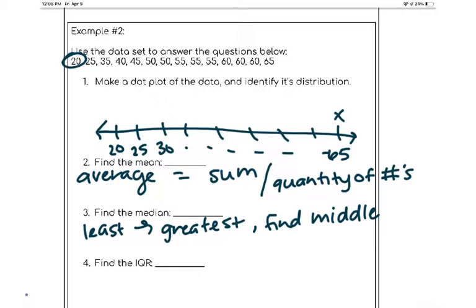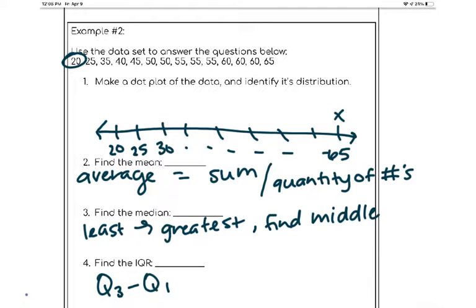And then your IQR, so that's going to be quartile 3 minus quartile 1. In order to find the quartiles, quartile 3 is the median from the second half, and quartile 1 is the median from the first half.